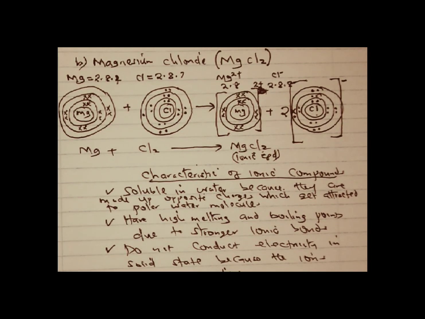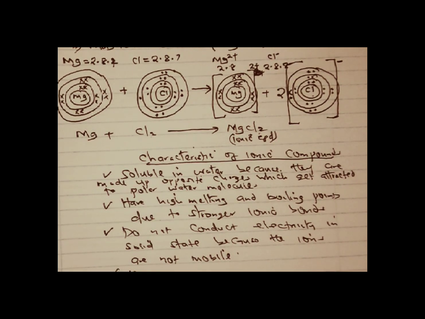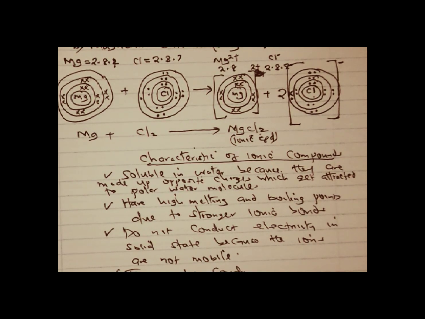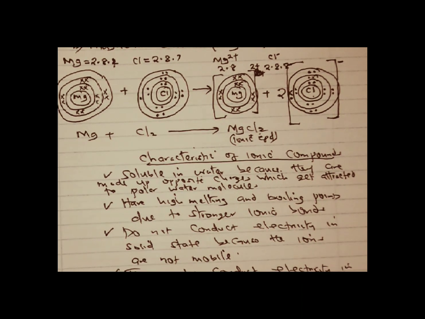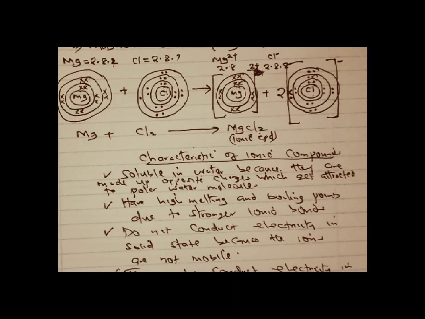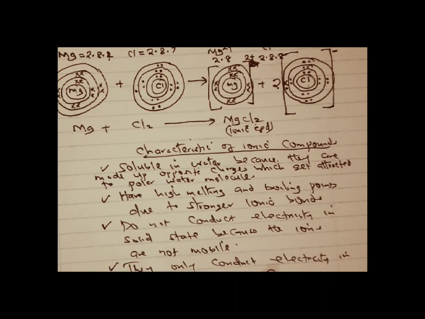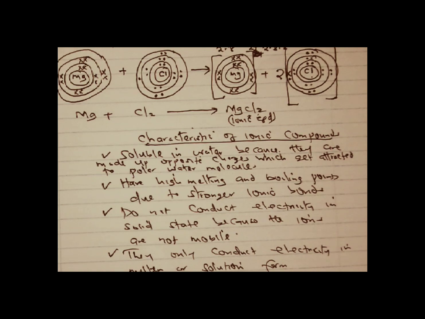We can say ionic compounds only conduct electricity in either molten or solution form. Why? Because in either molten or solution form, the ions are mobile, and therefore they conduct electricity.